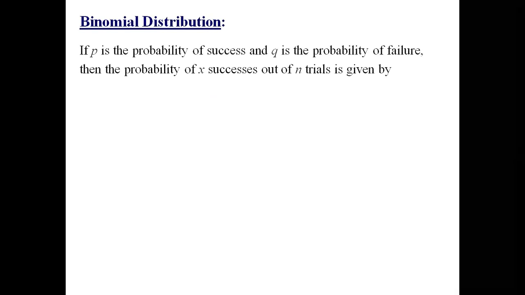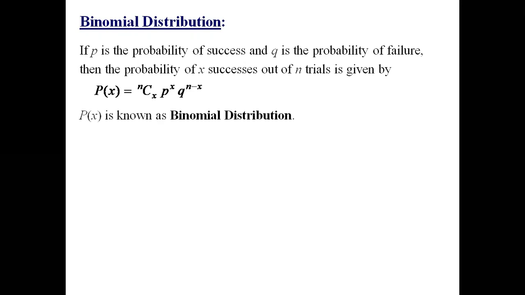Suppose p is the probability of success and q is the probability of failure, then the probability of x successes out of n trials is given by P(x) = nCx p^x q^(n-x). Here P(x) is known as the binomial distribution.